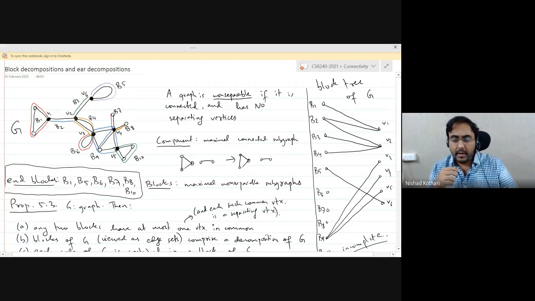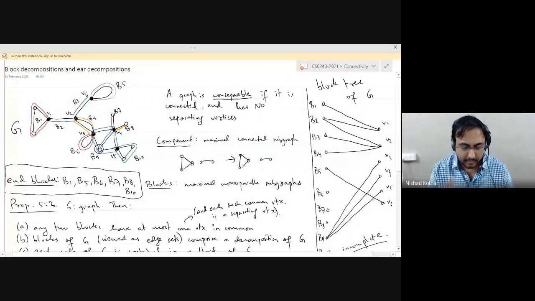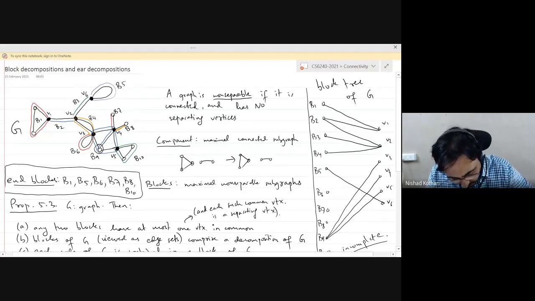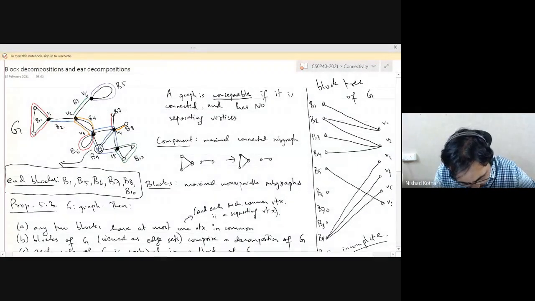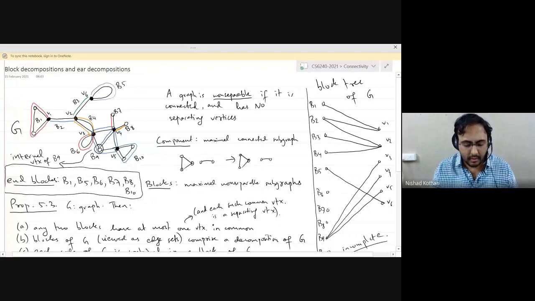So B2 does not have any internal vertices. What about B9? Does B9 have an internal vertex? Yes, exactly. And that is this vertex here, which is not a separating vertex, so I put a circle around it. So this is an internal vertex of B9.